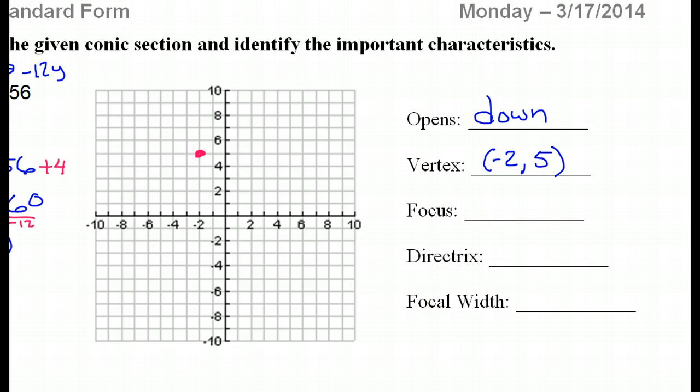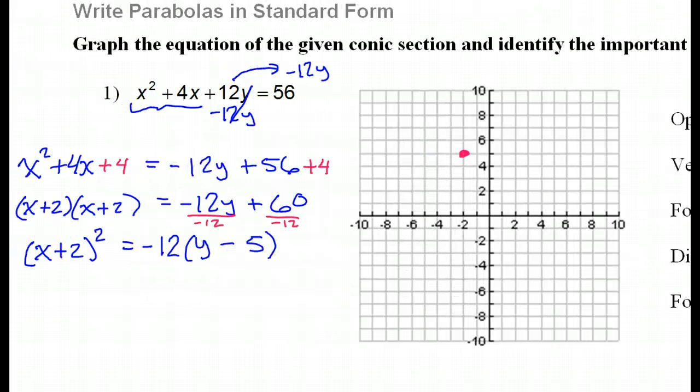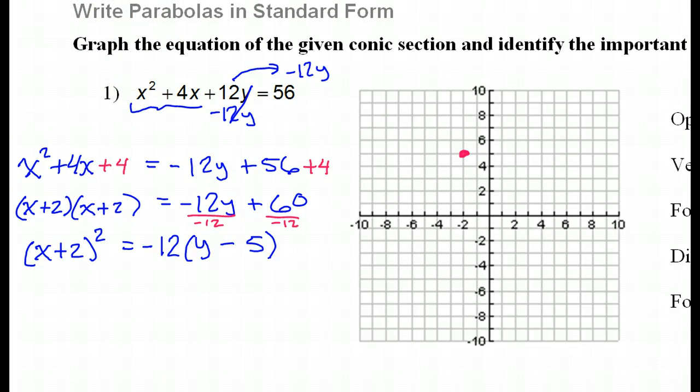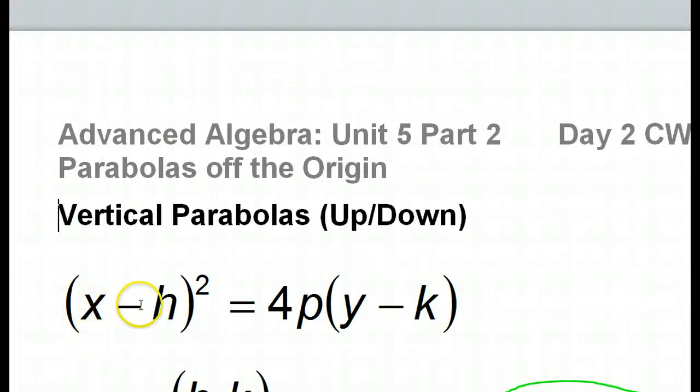Next, we need to find the focus. But in order to find the focus, we need to find p. Okay, and I'm talking about when you're looking at standard form, the number in front is really 4 times this value p, 4p. We need to know what p is.